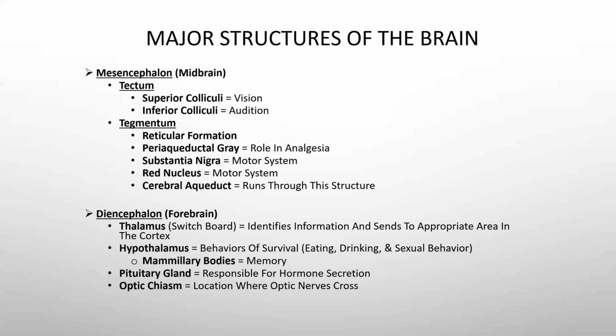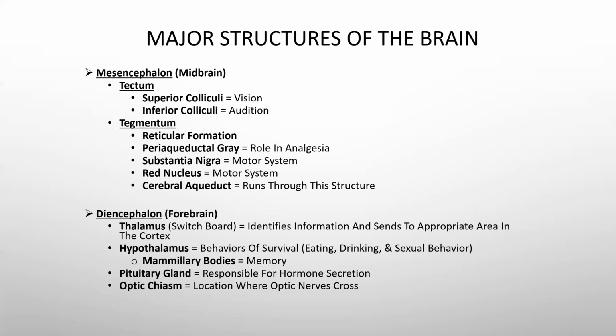Periaqueductal gray. The role here is in analgesia. Substantia nigra, part of the motor system. Red nucleus, part of the motor system. And the cerebral aqueduct runs through this structure. Okay. So again, the one term there that might catch you a little bit is the periaqueductal gray.